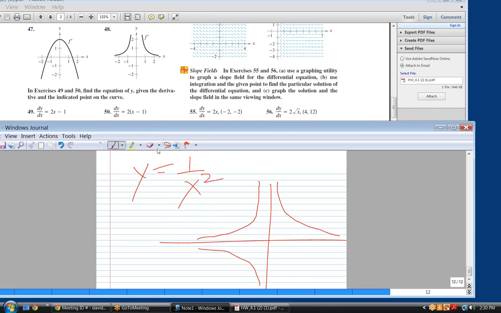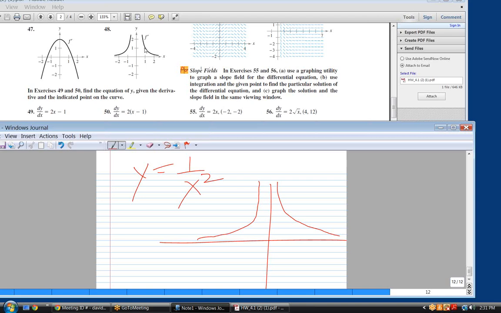My first guess is going to be 1 over x squared, not the absolute value, merely because we're not quite ready for that yet at this point in integration as to how to integrate absolute value functions. So if I'm guessing, I'm going to say 1 over x squared.